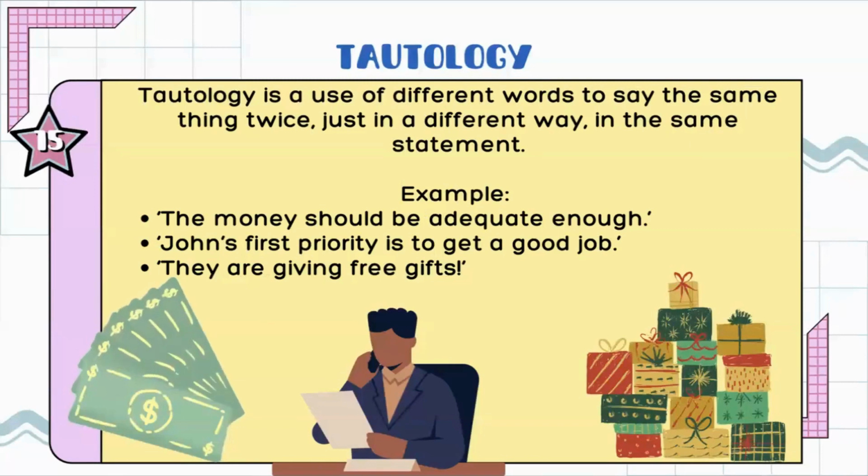In the second example, first priority means one and the same thing, whereas in the third example, free gifts. Free and gifts represent the same thing. Therefore, it's tautology.